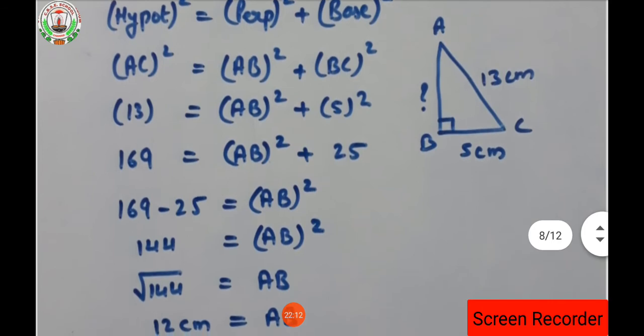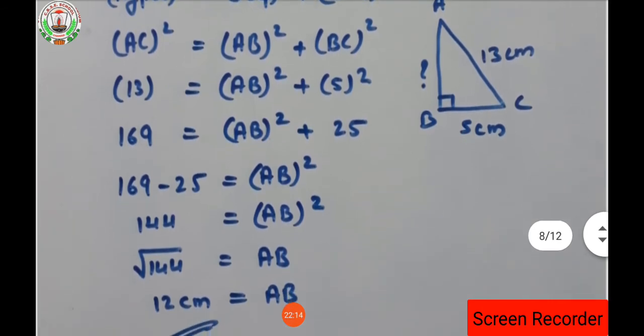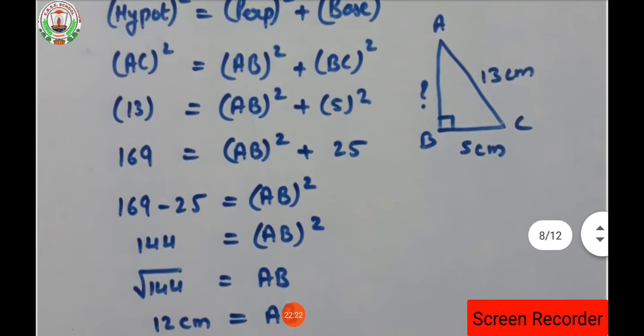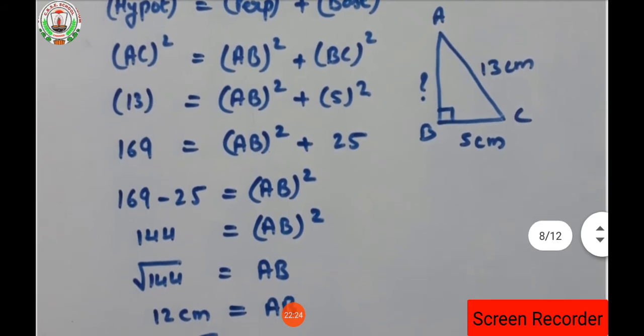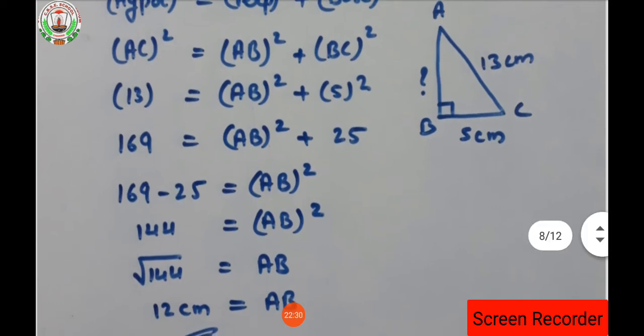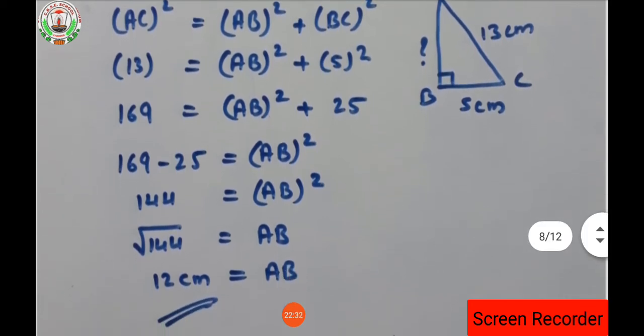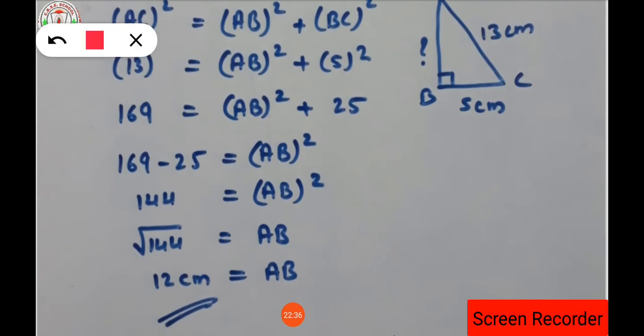So we can substitute the values according to the question. AC value is given as 13, AB value, that is the perpendicular, we have to find, and BC is given as 5, isn't it? So 13 square, that means 13 into 13, will be 169, 5 into 5 will be 25, isn't it? Now what we are going to do here, as in the above, directly perpendicular and base were given, so we had added.